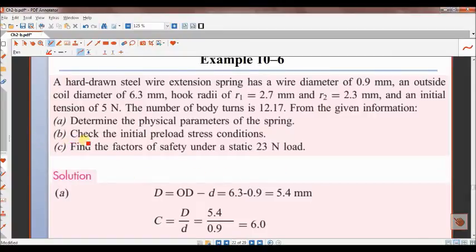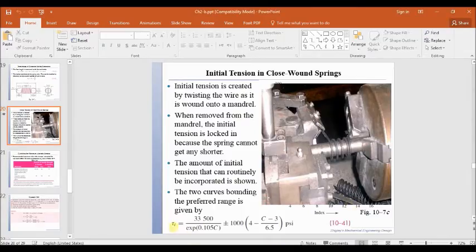In part B, we have to check the initial preload stress condition. Again, I will refer to this slide. We mentioned earlier that initial stress always should fall in this range. So I have to substitute C into this equation to find the range of initial stress.